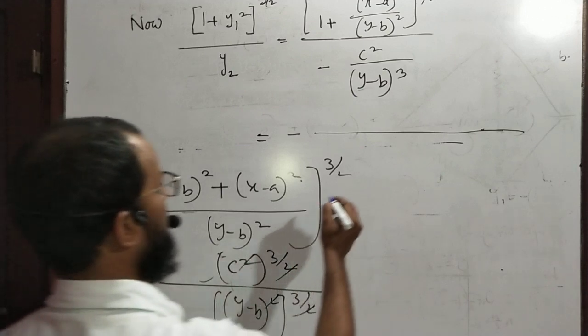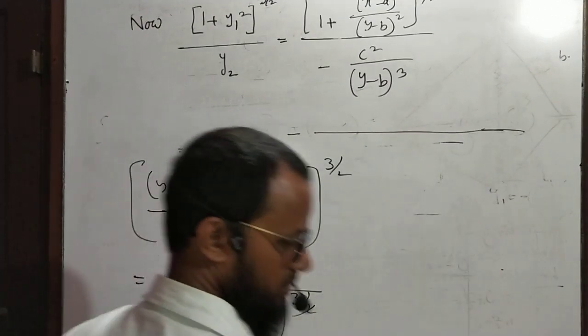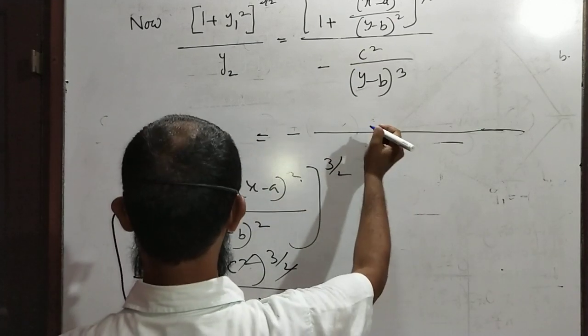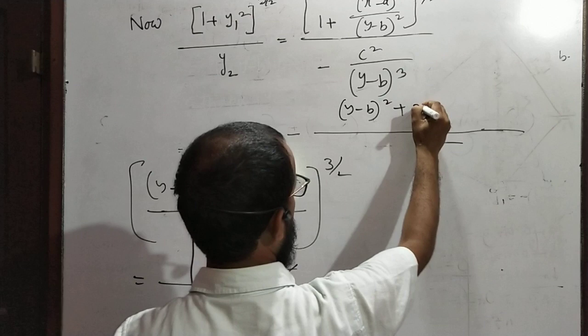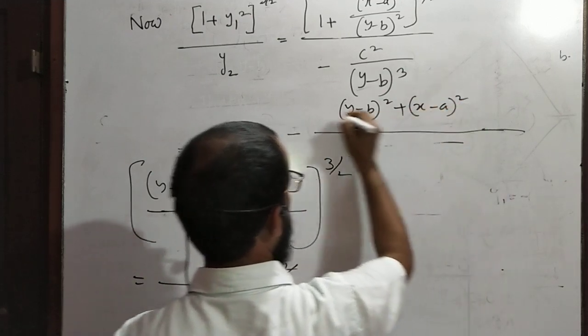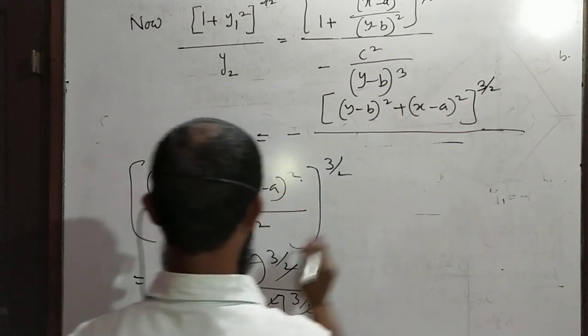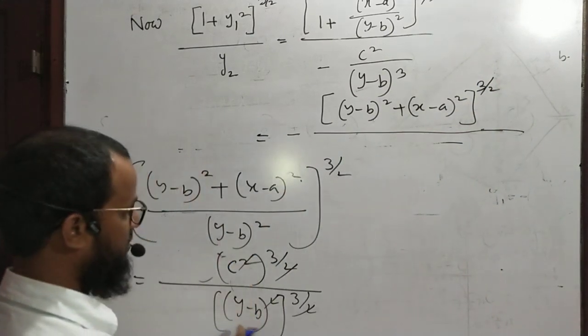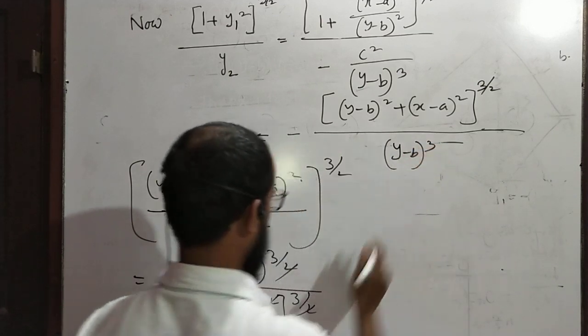तो उसको थोड़ा सा कैलकुलेशन चाहिए, तो हम इस कैलकुलेशन को थोड़ा सा शॉर्ट करेंगे. So what will happen? (y minus b) whole square plus (x minus a) whole square, whole to the power 3/2, divided by (y minus b) whole cube. आई होप यू अंडरस्टैंड. ये कैसे हो गया?